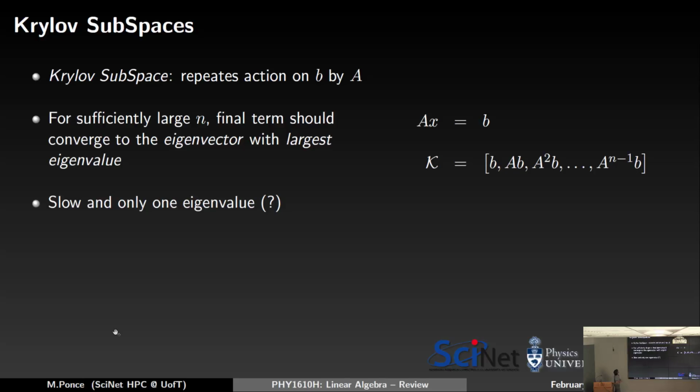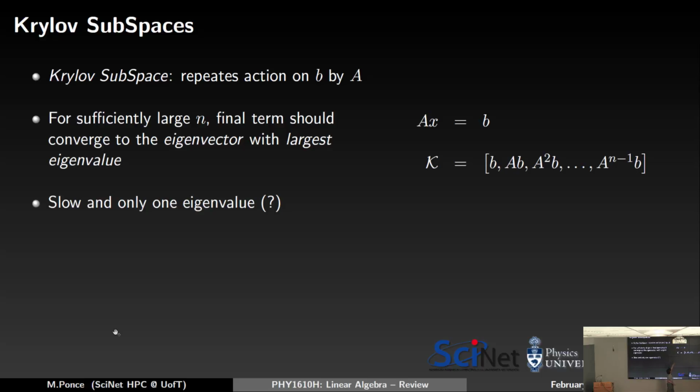Let me talk about this one because you will use it in the assignment. It's called Krylov subspaces, or also the power method. You take the system and construct a subspace, called kappa in this case. We basically apply the matrix A to the power n as many times as possible to the independent vector.